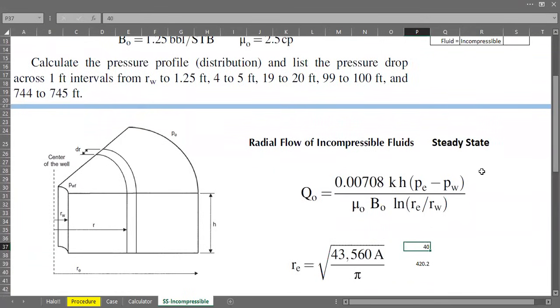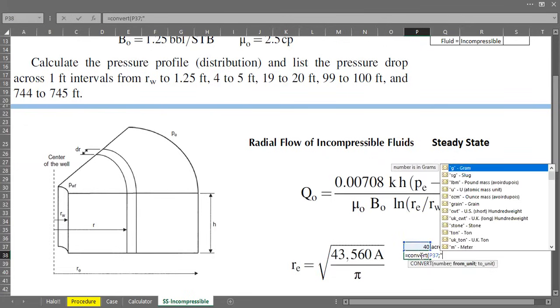So 40 in acres. I will first convert it to meter squared or maybe feet squared. Okay, can we do that? Convert 40 from, let's find acres.